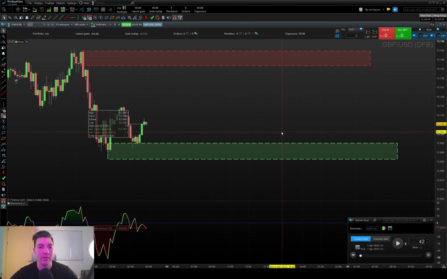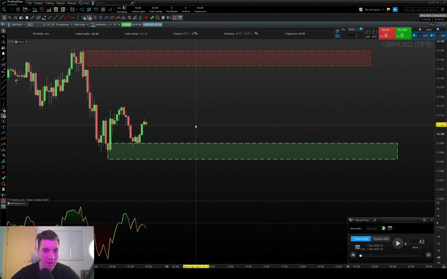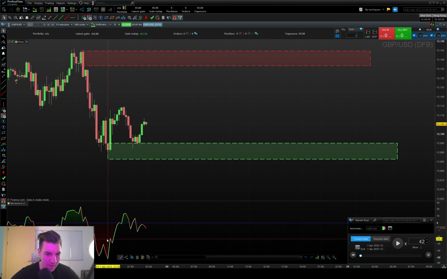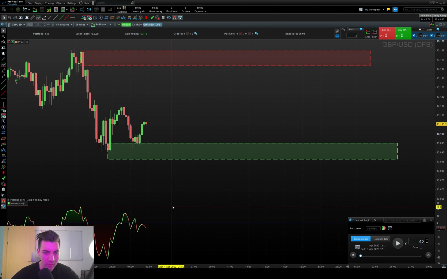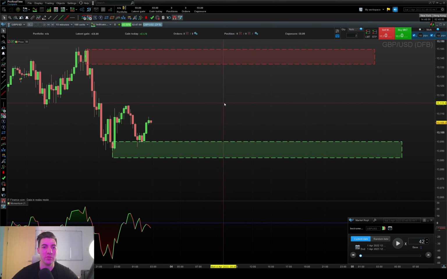All right, guys, as you can see, I'm on the GBP to USD. I think I'm on April 2022 to April 2023. I've already drawn out a supply zone and a demand zone on the 15-minute time frame.